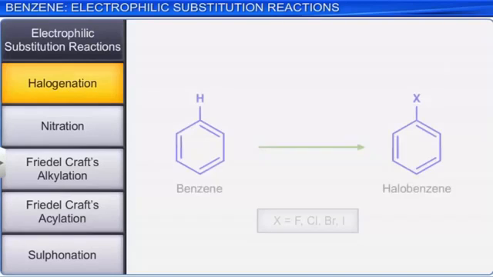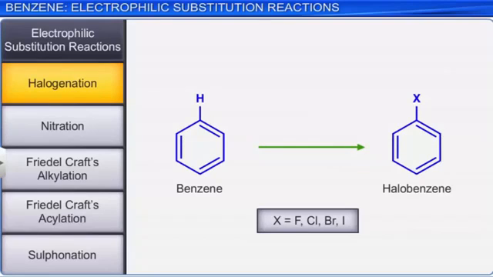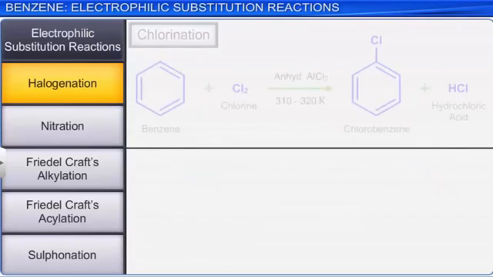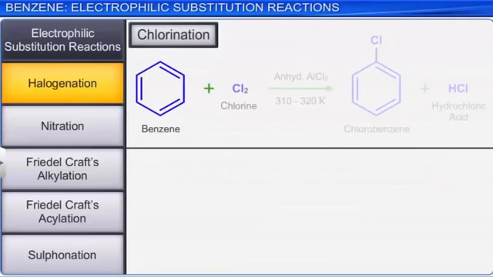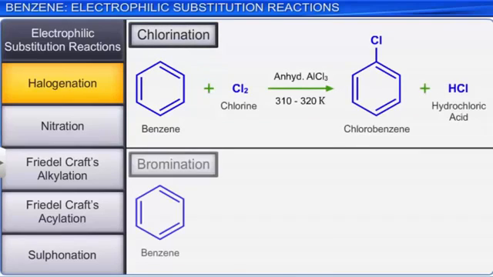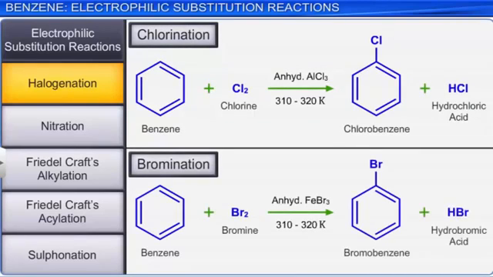The replacement of a hydrogen atom by a halogen atom such as fluorine, chlorine, bromine, and iodine in a benzene ring is called halogenation of benzene. Let us discuss chlorination and bromination, which occur at a temperature between 310 and 320 Kelvin.